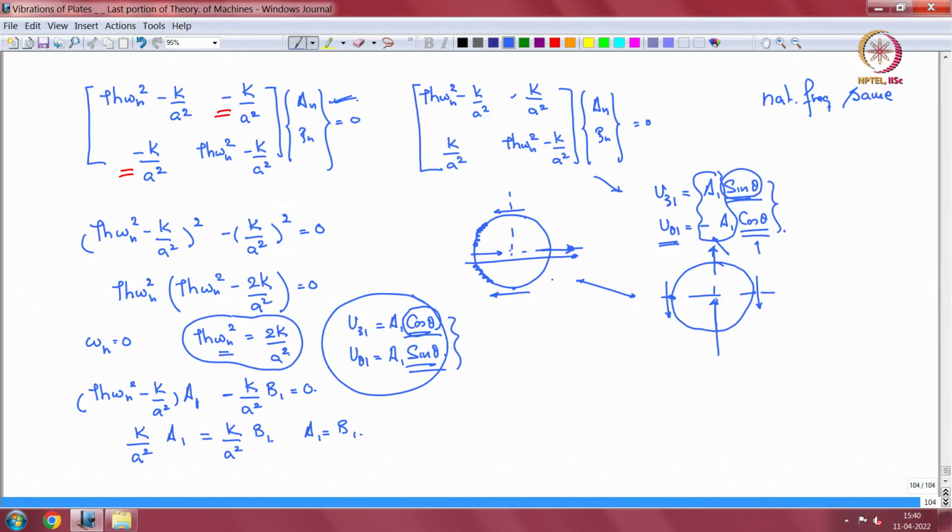For example, this behavior could be oriented in some fashion. That cannot be represented if you do not account for both cos and sin. If you account for cos, you are getting one way, if you use sin, you are getting the other way, but the actual situation could be in some other direction.